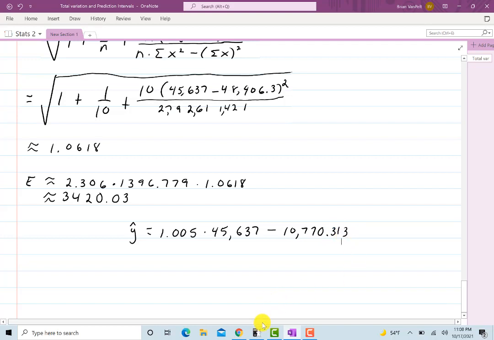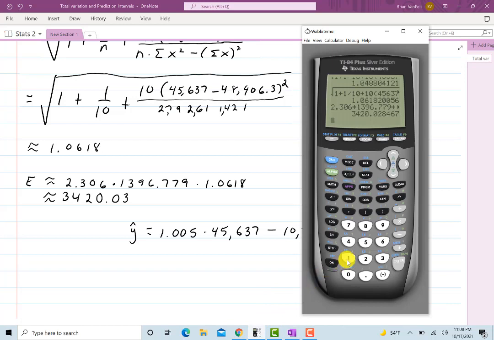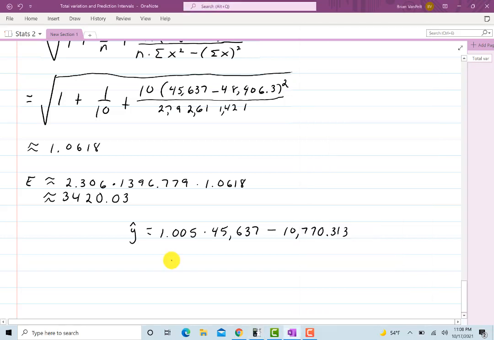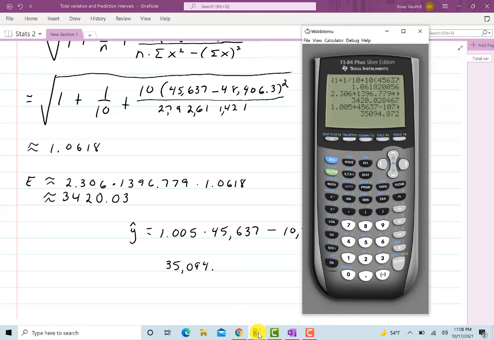And what do we get for that? I'm going to round to 2 decimal places, so 35,094.87.